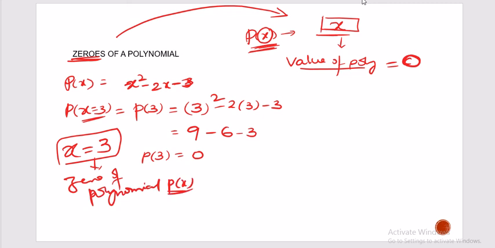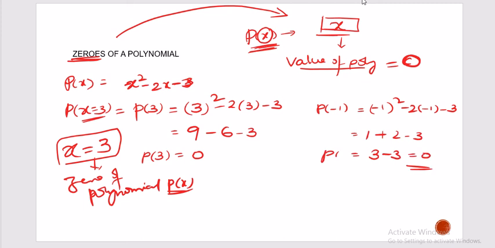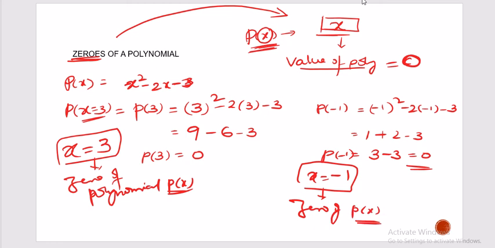In the same way, if I go with minus 1, p of minus 1 gives minus 1 whole square, which is plus 1, plus 2, minus 3, which is 0. So x is equal to minus 1 is also a zero of p of x.